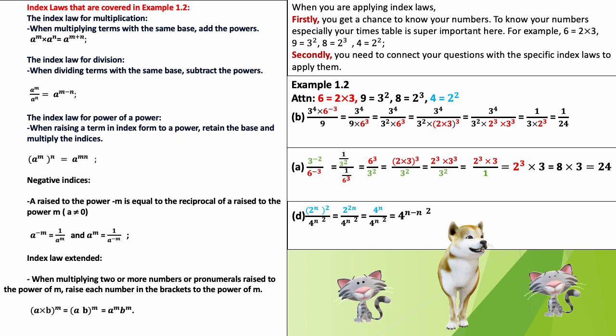Now we are looking at the 9 in the denominator. Because 9 is 3 squared, we can rewrite it as 3 squared. That's the second step. Considering your times table, 6 equals 2 times 3. So in the third step, we can rewrite 6 as bracket 2 times 3, so 6 cubed becomes bracket 2 times 3 bracket cubed.